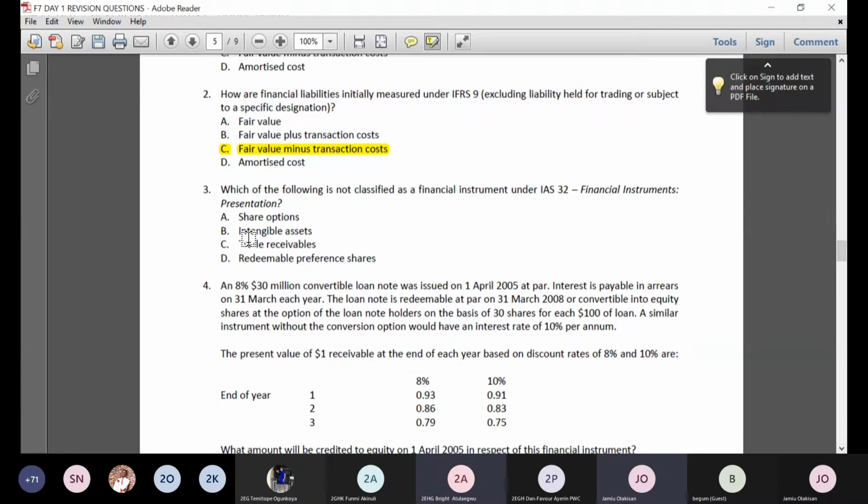So which one is it? B, intangible assets. Okay, the reader did not choose this time around. He left us on our own. The correct answer is B.